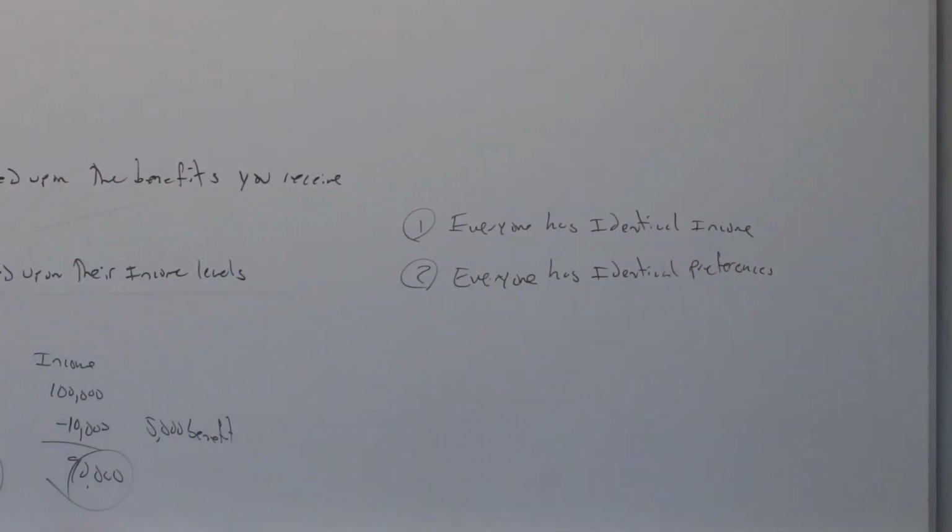If both of those conditions are true, then you can devise a tax system that is fair. Right? Because if everyone has the same income but different preferences, I want this many fire stations. No, we don't need that many fire stations. We need this number of fire stations. I want this level of national defense. No, no, no, no. We don't need that level of national defense. We need this level of national defense.